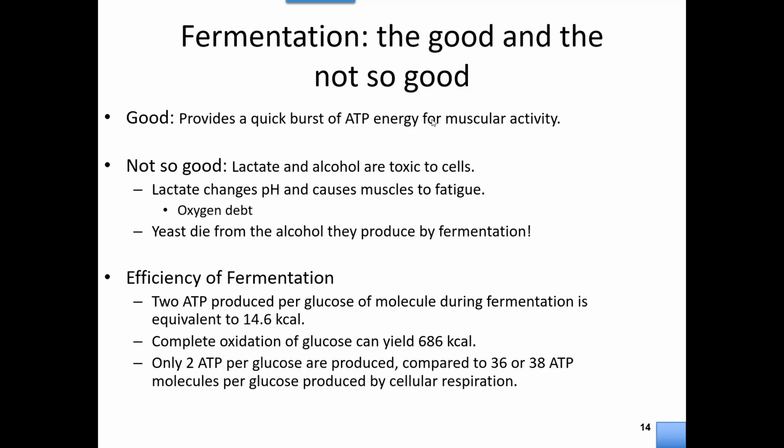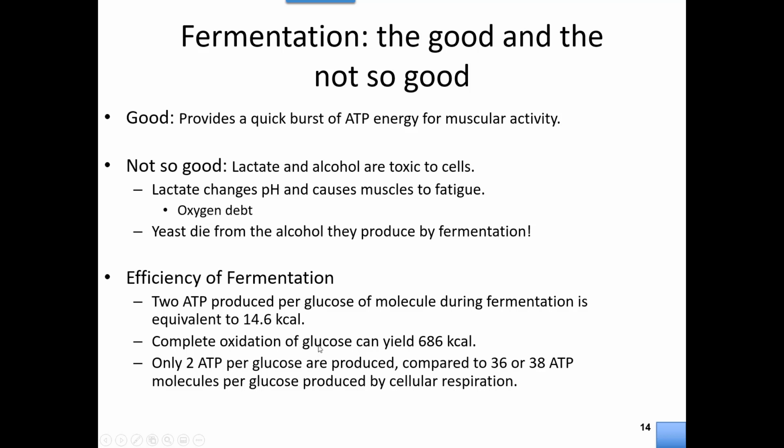Now, the efficiency of fermentation is not great. Again, it gives a quick burst of ATP, but it's not the most efficient way to break down glucose and get all the energy out of glucose that there is there. One molecule of glucose can yield 2 ATP through that glycolysis step, and it's equivalent to about 14.6 kilocalories. We just call those calories. If you could, with oxygen present, fully break down glucose, you could yield 686 kilocalories of energy.